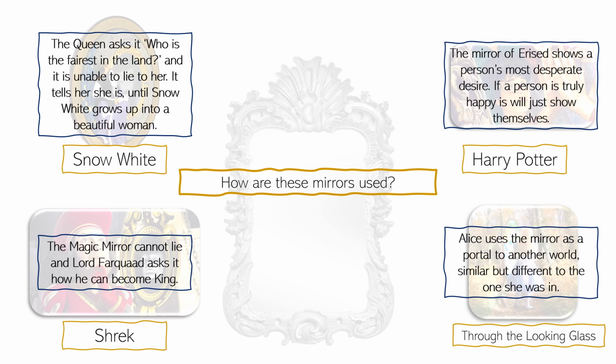The room is the same as the one that she steps through. It's got all the same features like a chessboard, but the pieces on the chessboard are alive. So it's similar but very, very different. Okay, so jot those ideas down because you're going to use them later on. Year 7, pause the video and then press play when you're ready to go.